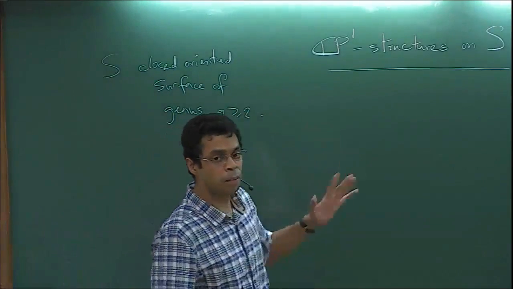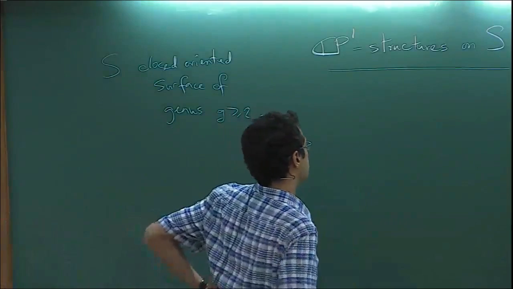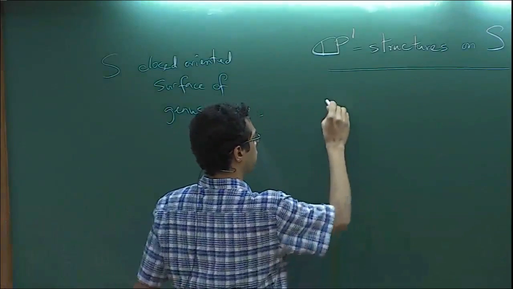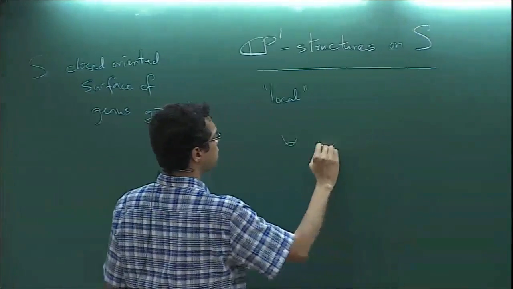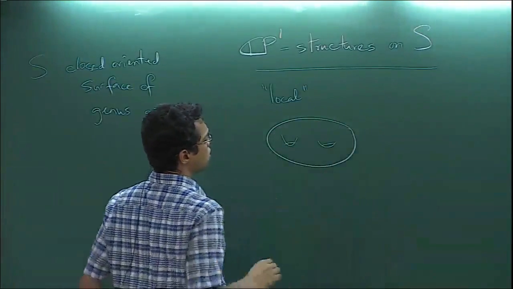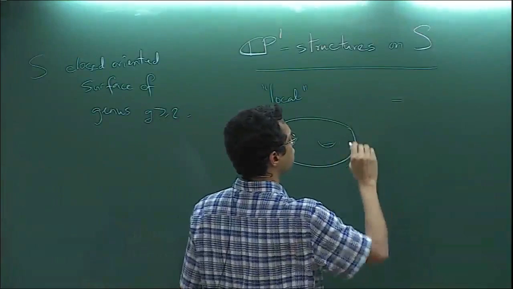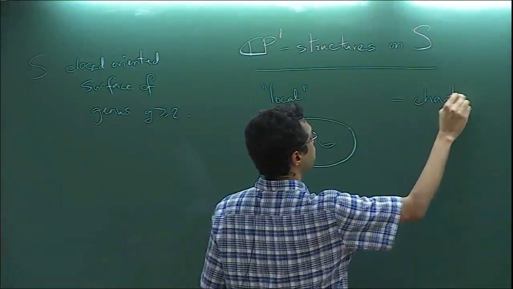So let me give a couple of descriptions of what a complex projective structure is. Start with a local description. It's a geometric structure modeled on the Riemann sphere, CP1.